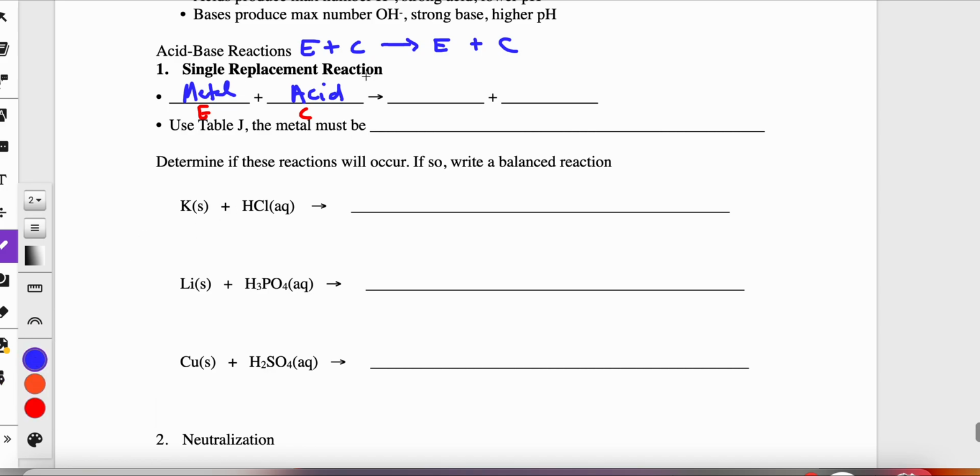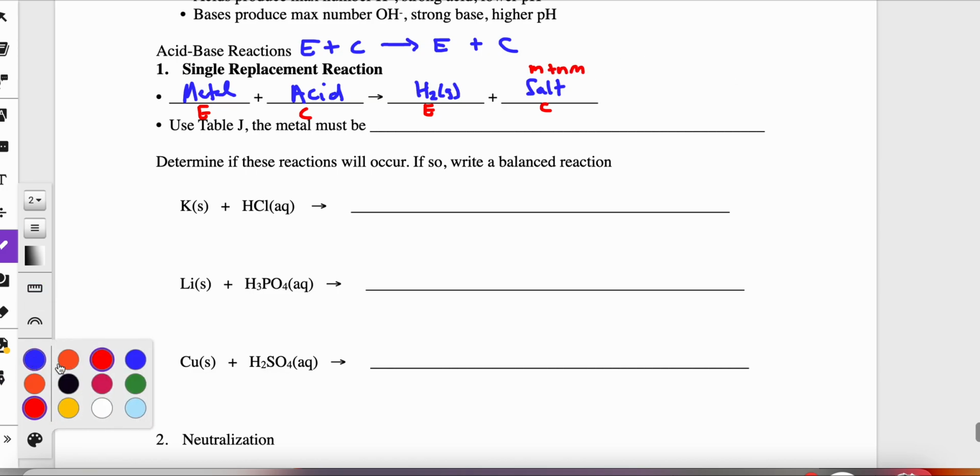And if this metal is able to react with the acid, the new free element is always going to be hydrogen gas. So that's our new free element. And then we have some sort of salt, which will be our new compound. So hydrogen gas will be our new free element, and the salt, metal plus nonmetal, will be our new compound.